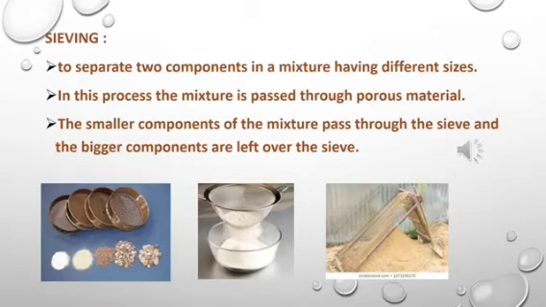What is a sieve? S-I-E-V-E. A sieve is a plate with many tiny pores or holes. The size of the holes depends on the size of the particles to be separated.